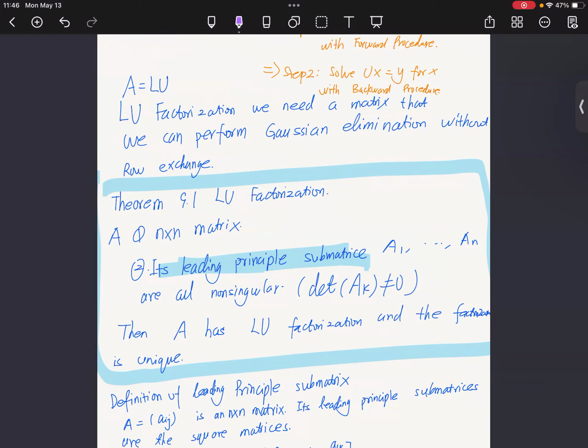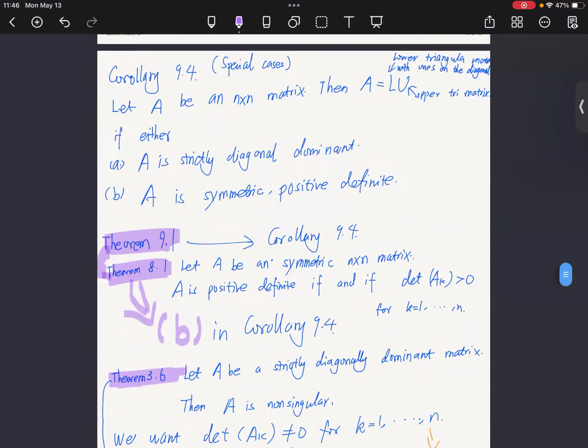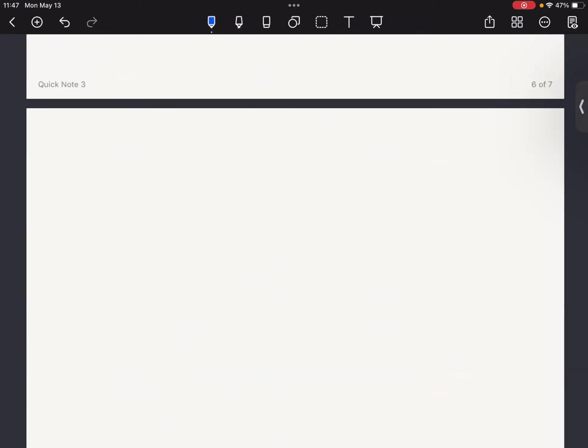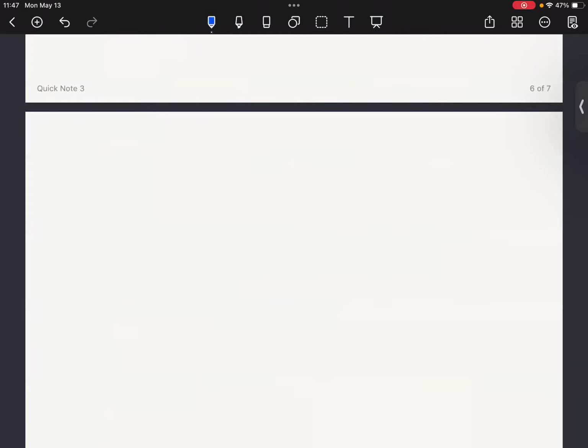Then we have a more general version of the factorization theorem, and it's about the non-singular matrix, a more general case.